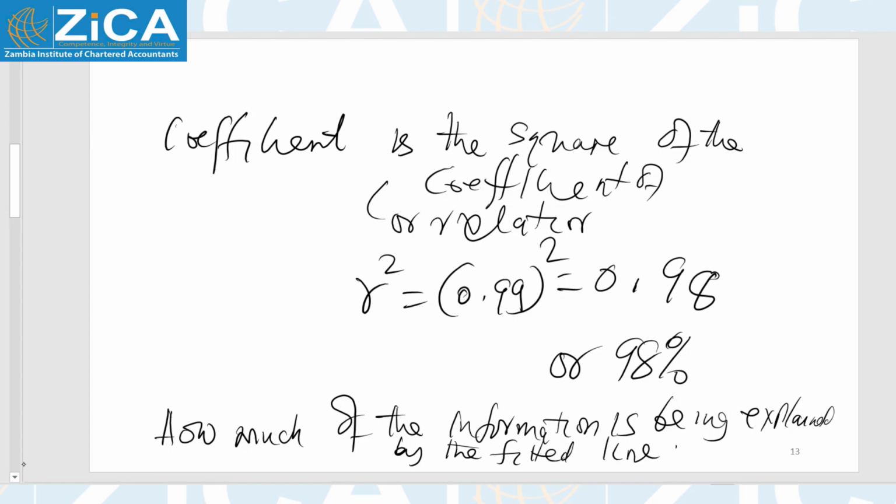Okay? How much of the information? So 98% of the information is being explained by the fitted line. And what it means is that the line which you have come up with can be used to predict the cost of production.